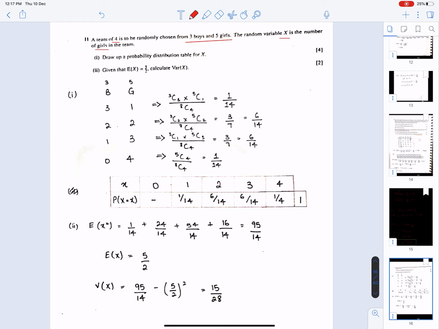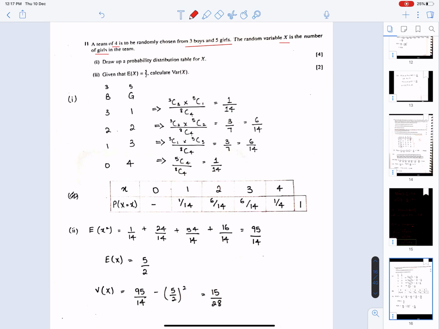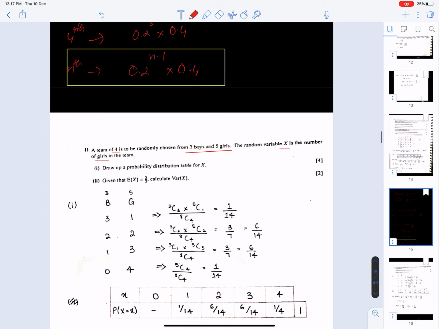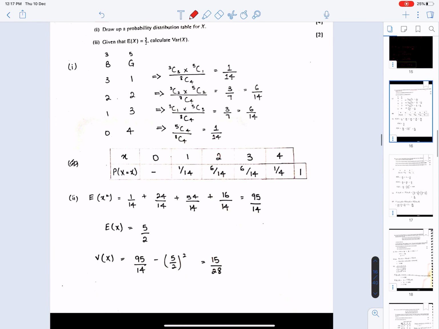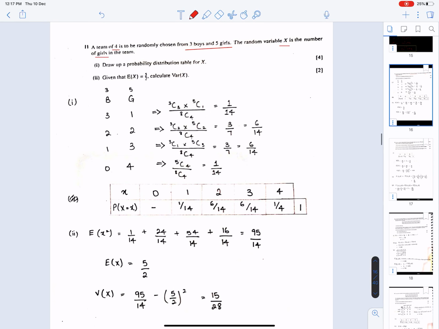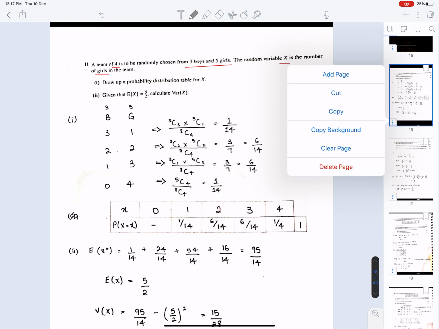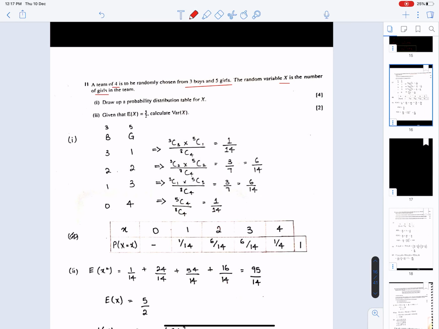I'm just going to explain it in short. Let me add a page here to explain how to get the values of x.